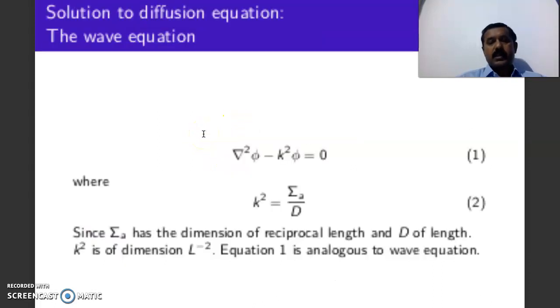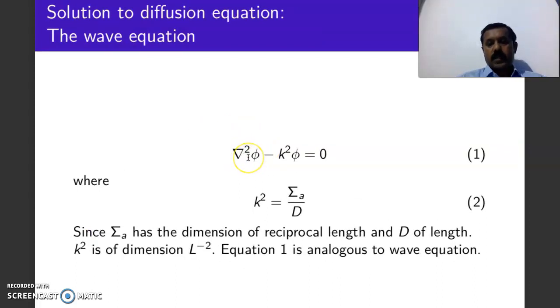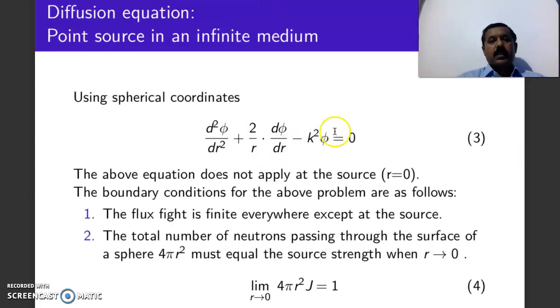Then expressing this ∇² in spherical coordinates and taking only r dependence and neglecting theta and phi variation, this equation can be written like this: ∇²φ minus k²φ equal to 0. These first two terms represent ∇²φ. Remember, this equation is a homogeneous differential equation and it is not applicable at the source point or source position, that is when r is equal to 0.